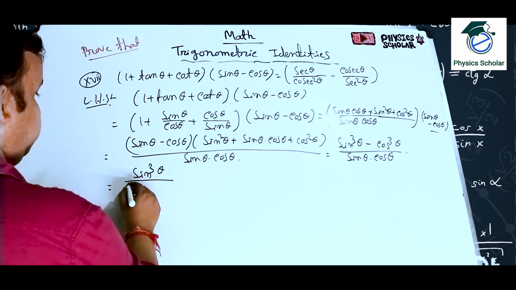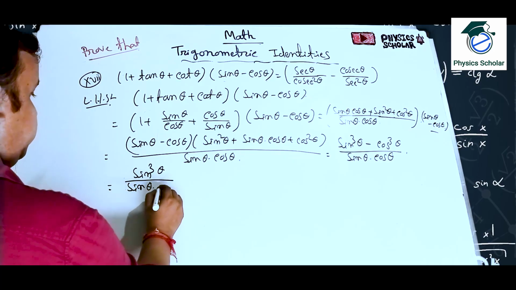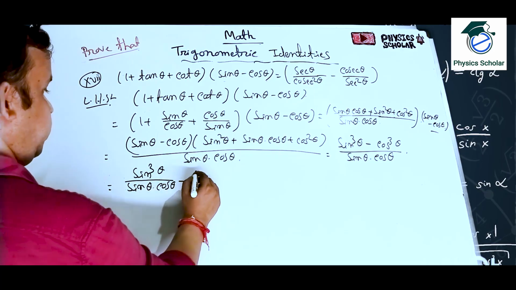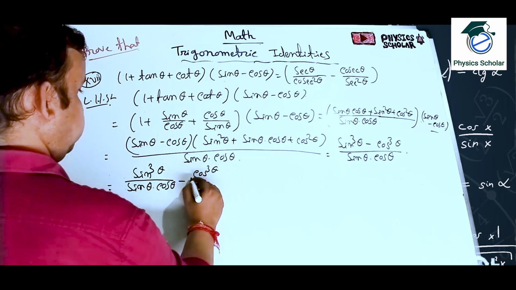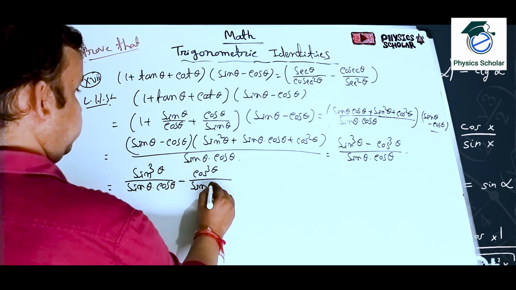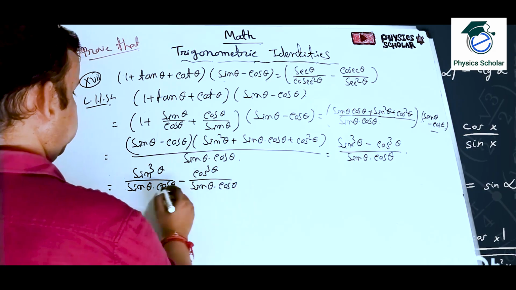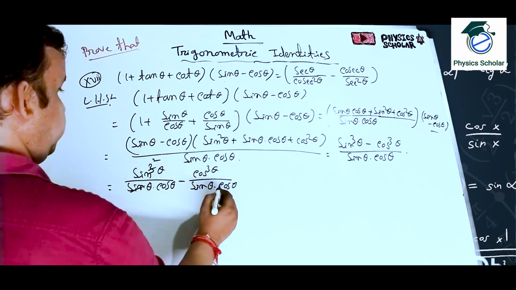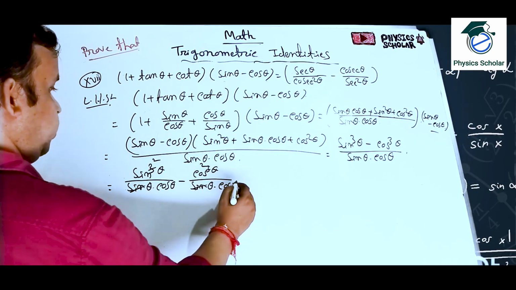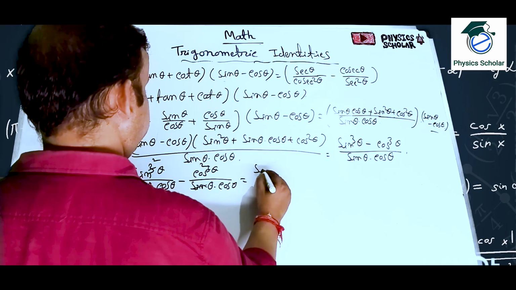Okay, now what we can write? Sin cube theta divided by sin theta into cos theta minus cos cube theta divided by sin theta into cos theta. So this and this will be cancelled, and this will be there like this. Okay, so it will be what?